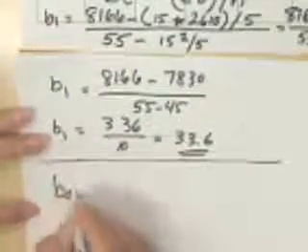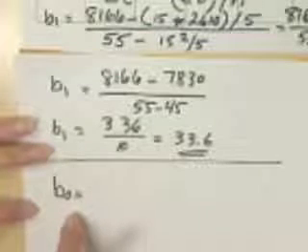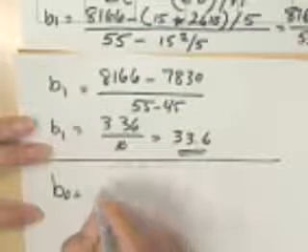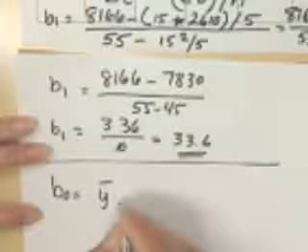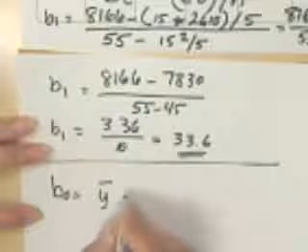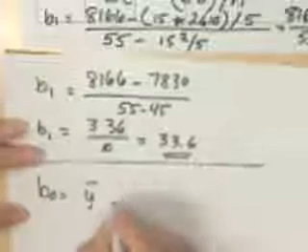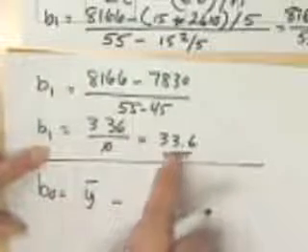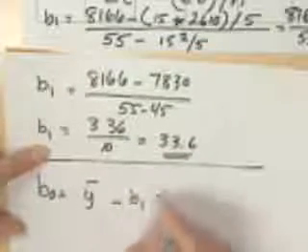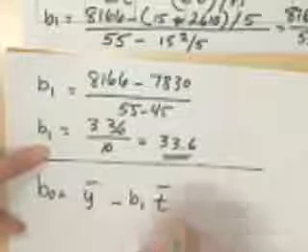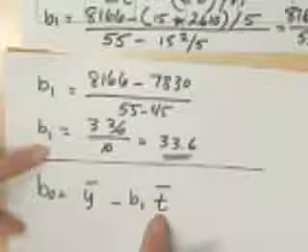The point of intercept, B sub 0, is equal to Y hat, I'm sorry, not Y hat, Y bar, the average Y value, minus the slope times the average time T value.